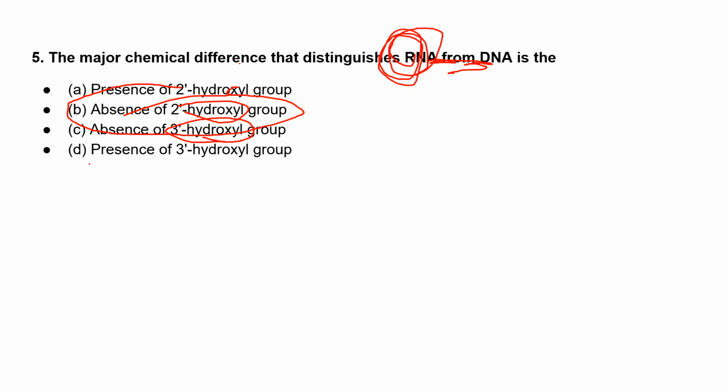In the question they asked about RNA, that is ribonucleic acid, right? So ribo means ribose sugar and DNA means deoxyribose. Think again and then try to answer this question. The answer is in the statement only. Ribose sugar, and DNA is deoxyribose sugar, right? So, anyone?